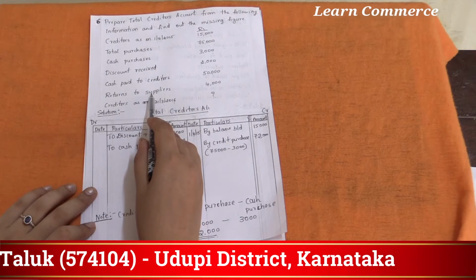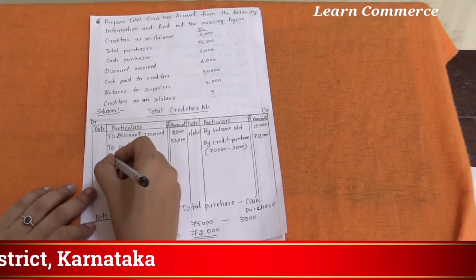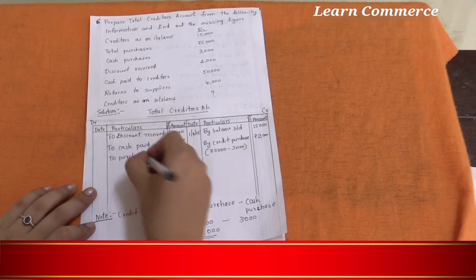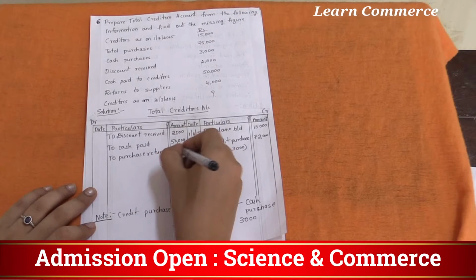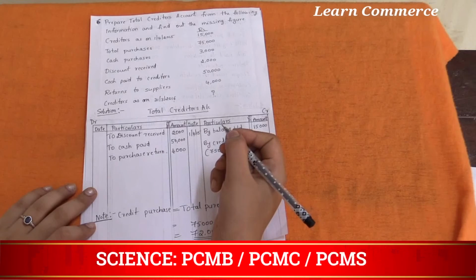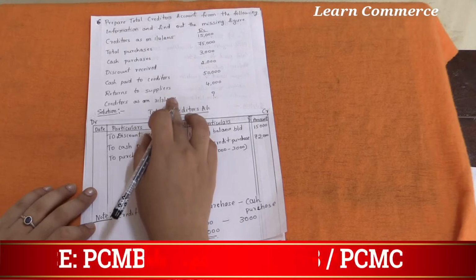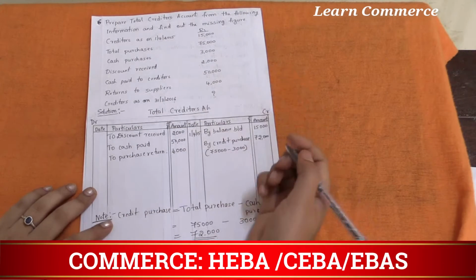Returns to suppliers is nothing but purchase return, that is 4,000. We should record debit side, to purchase return, that is 4,000. Then creditors as on 31st March 2016, that is question mark, we have to find out.